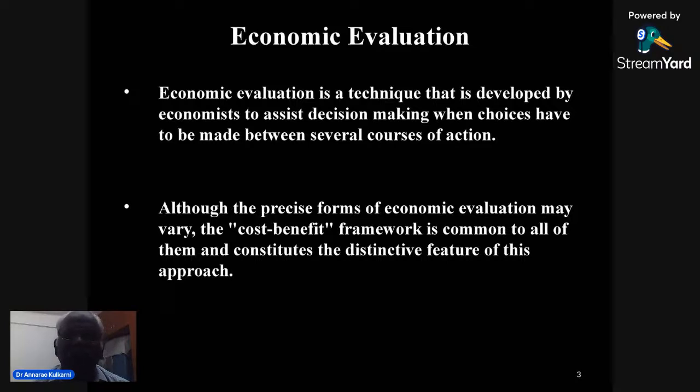Economic evaluation is a technique that is developed by economists to assist decision making when choices have to be made between several courses of action. Although the precise forms of economic evaluation may vary, the cost benefit framework is common to all of them and constitutes the distinctive feature of this approach.